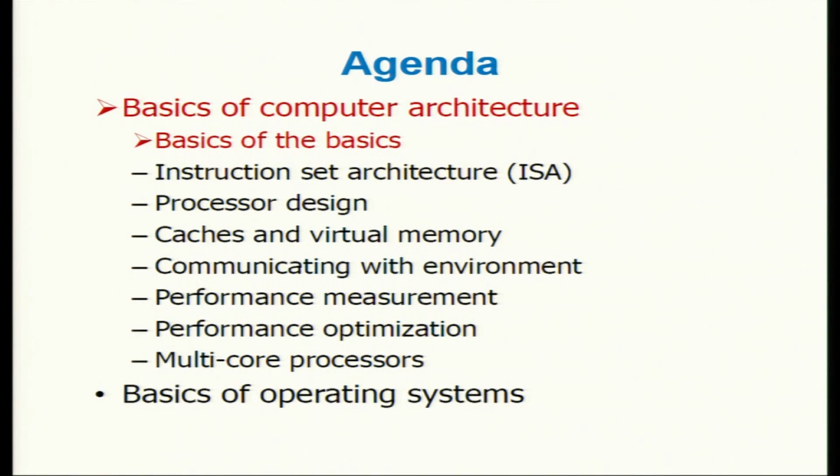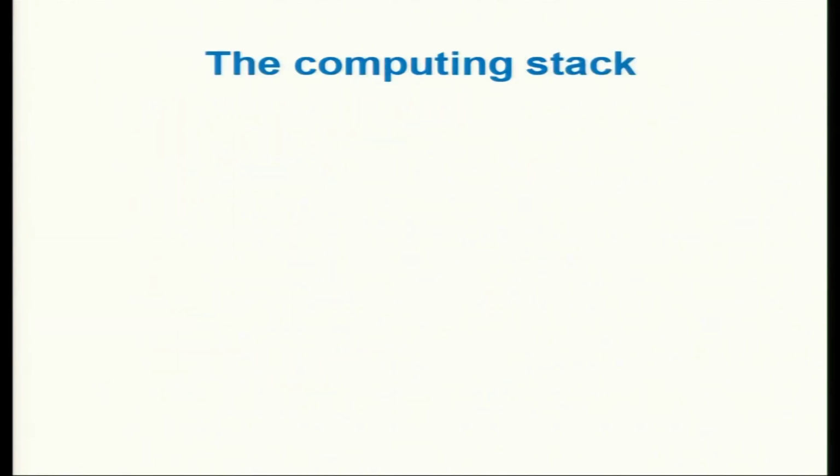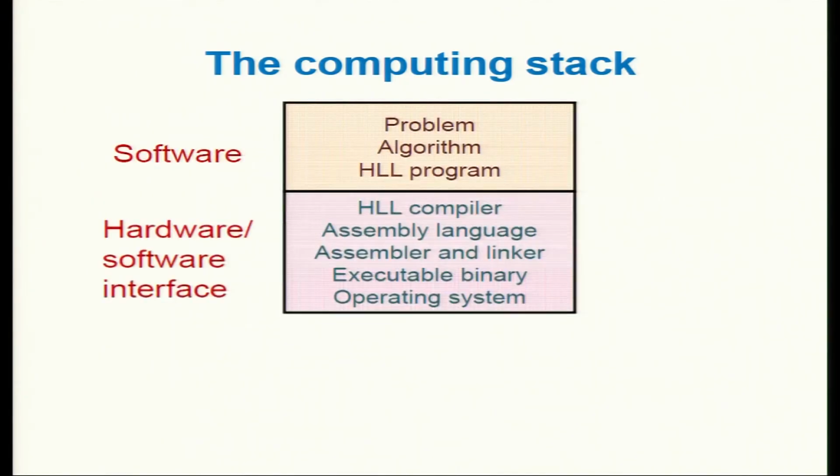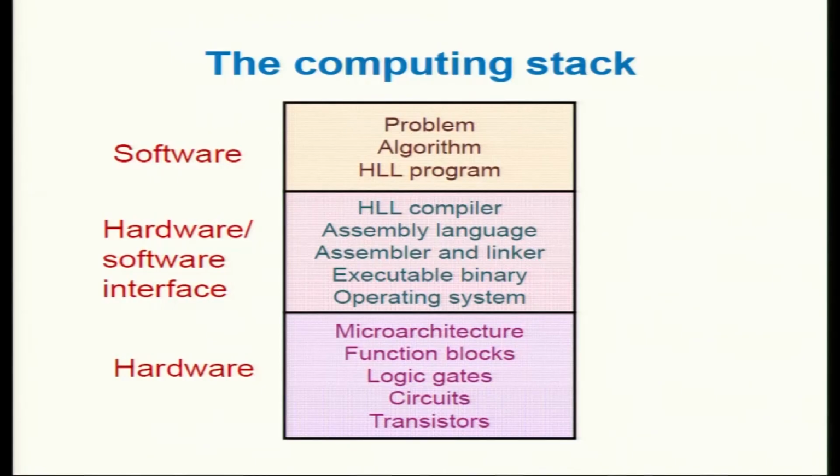First, let's discuss some very basics of computing. As you know, the computing stack looks like this. We have the software, which essentially consists of problems, algorithms to high-level language programs.